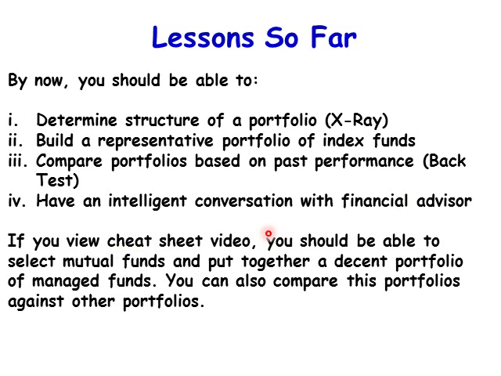If you view the cheat sheet video, you should be able to select funds and put together a decent portfolio of managed funds. So if you want to do managed funds instead, you can watch the video that shows you how to select mutual funds.